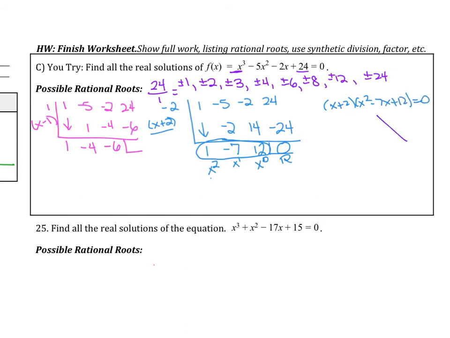And let's factor the trinomial here. It multiplies to 12, that adds to negative 7, and that is negative 4 times negative 3. And so we have x plus 2 times x minus 4 times x minus 3 equals 0.